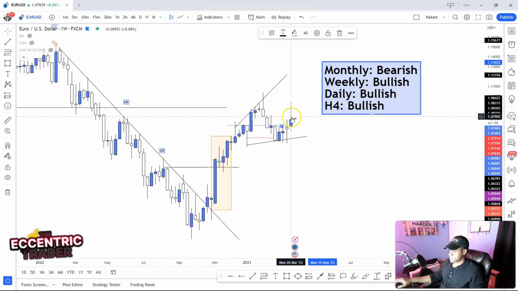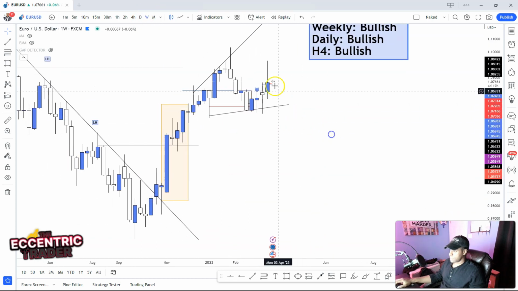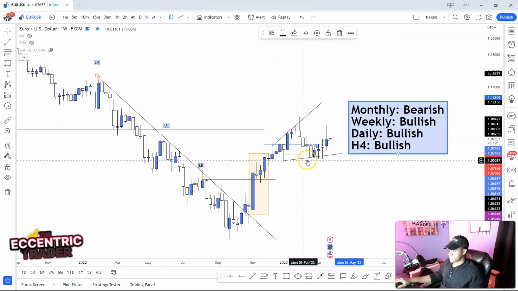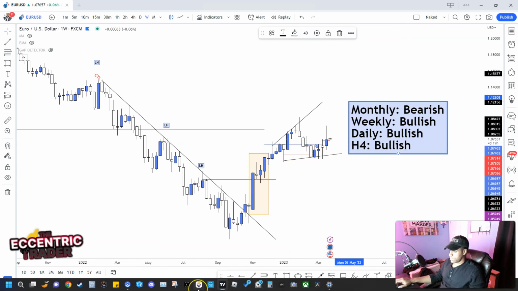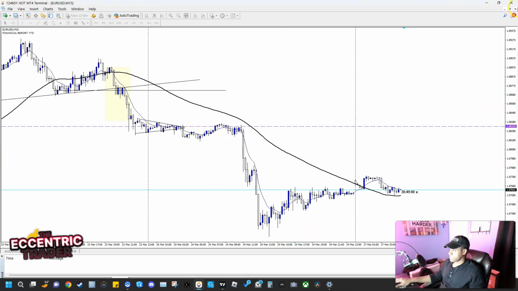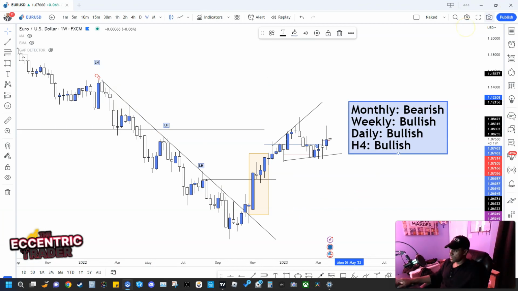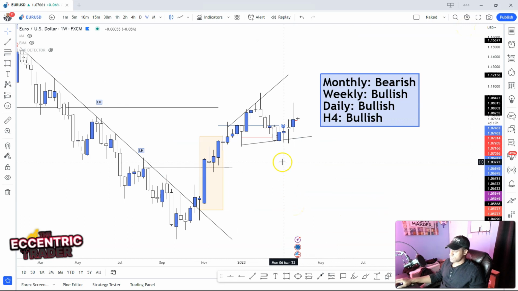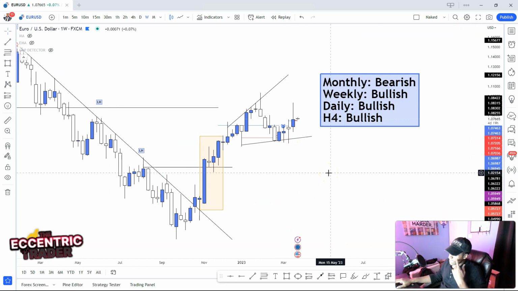Be careful. Pay attention to this wicked out candle right here from last week. It's very important. We also got some gaps that need to be filled. If you want to go to MT4, just look at different servers, because for whatever reason, TradingView doesn't always show you gaps.